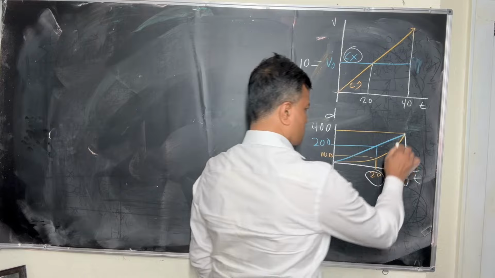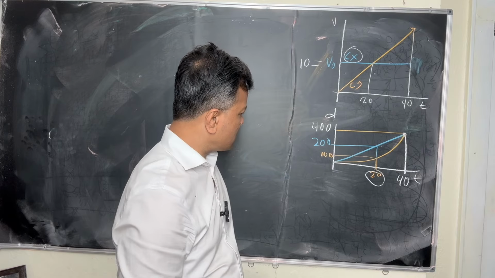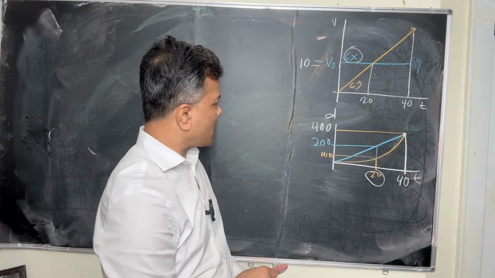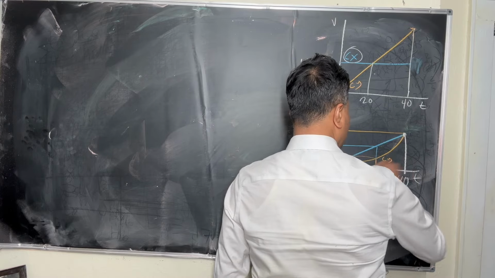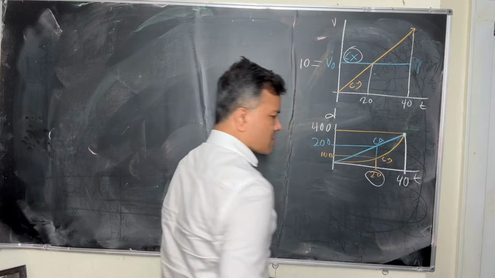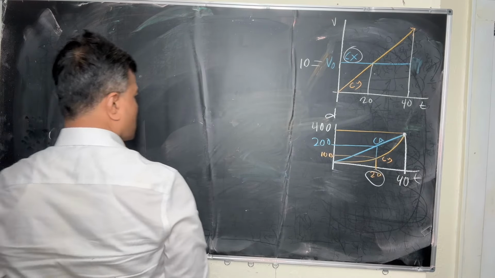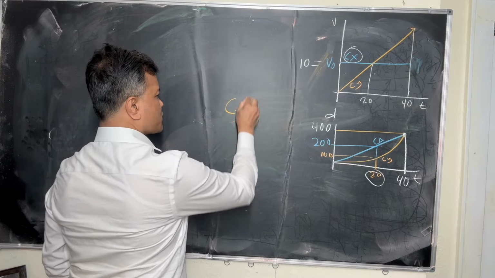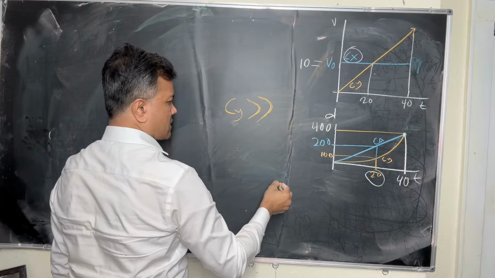Now then, which one is ahead? Of course, car Y is ahead of car X, because car Y moves twice as fast as car X.